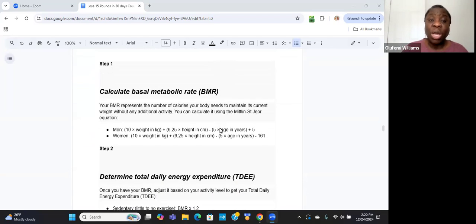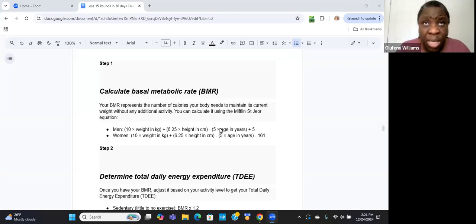Step 1, you calculate your basal metabolic rate. That's the BMR. Your BMR represents the number of calories your body needs to maintain its current weight without any additional activity. That means if you are just at rest doing nothing, how many calories does your body need?